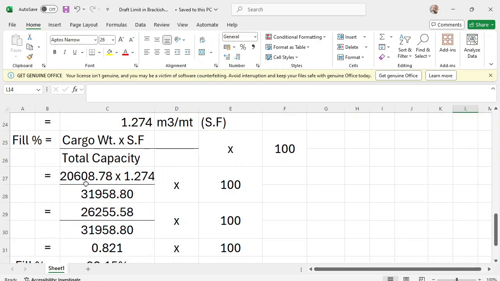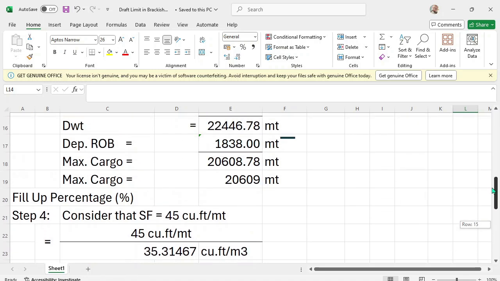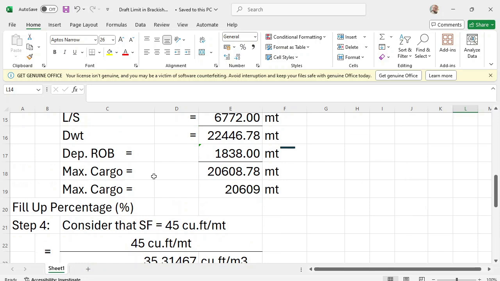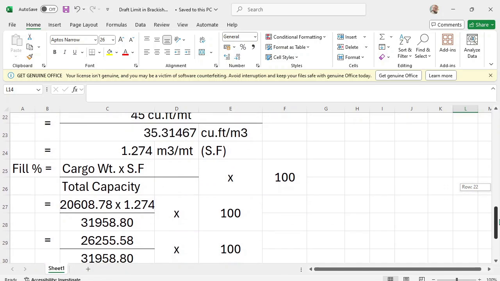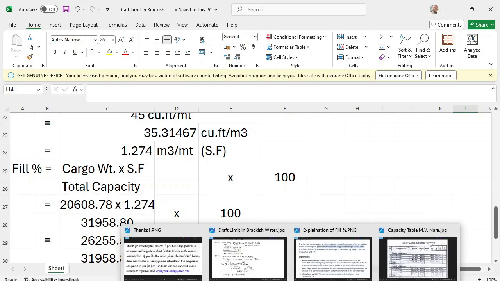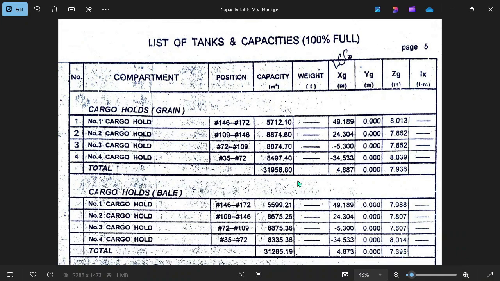So the total cargo weight is 20608.78, which is this one, maximum cargo, times the stowage factor, which is 1.274, over your total capacity of 21958.8, which is this one.